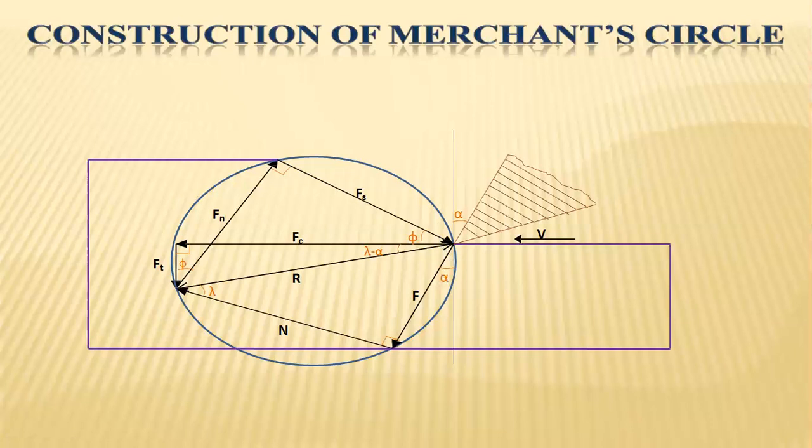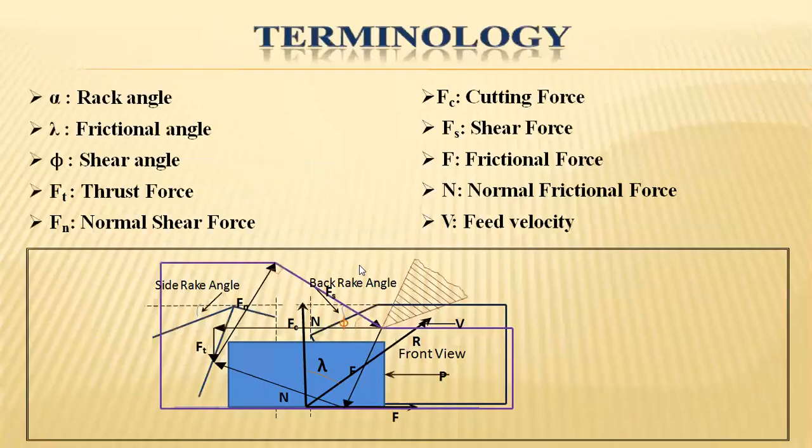So the cutting process, for our convenience, is in the minus x-axis direction, and this is the positive axis. Hence the cutting forces result in the case of lambda minus alpha, the cutting angle minus the frictional angle, the rake angle minus the frictional angle, which leads to the shear angle.